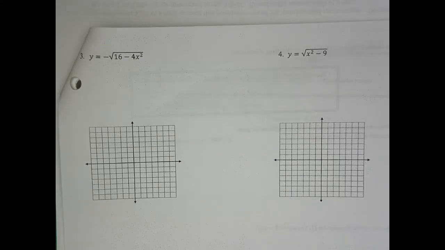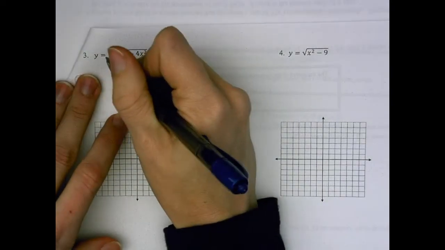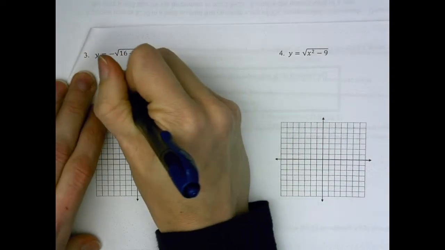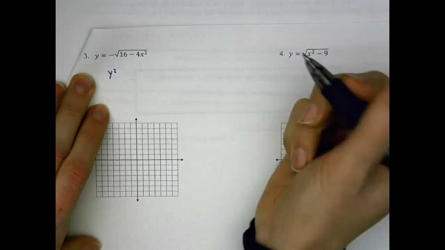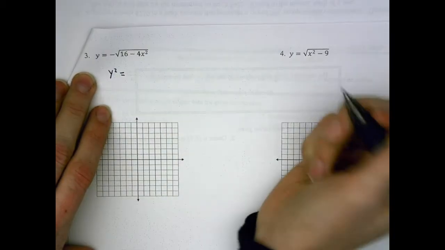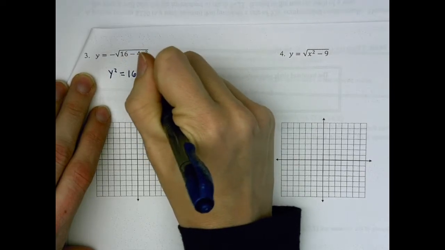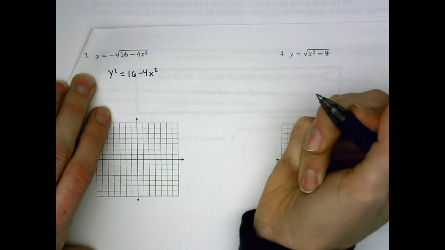Okay, so number 3, turning this into descriptive form, squaring both sides. If I square the y, I get y squared. Squaring the negative, negative times the negative is a positive, so the negative goes away. And squaring the square root would go away, so we'd have 16 minus 4x squared. Okay.